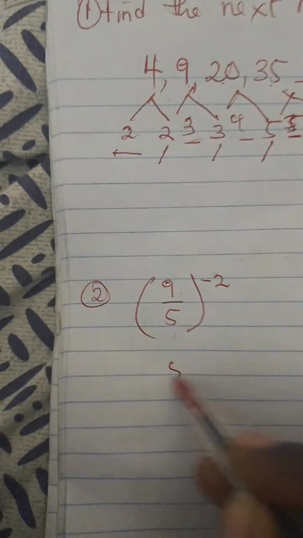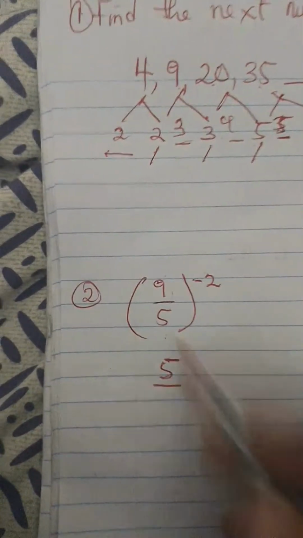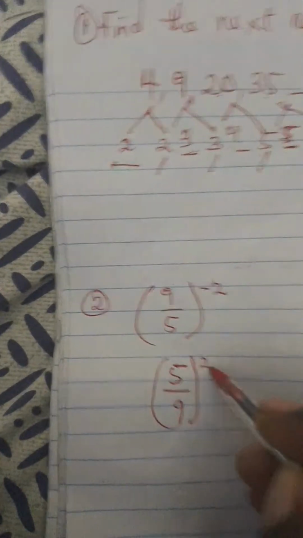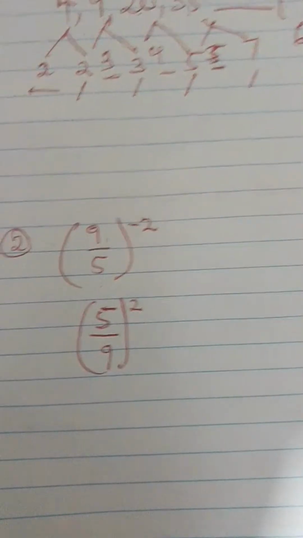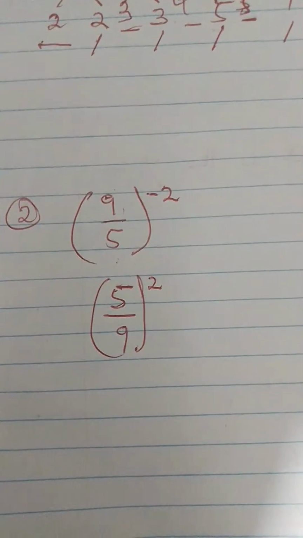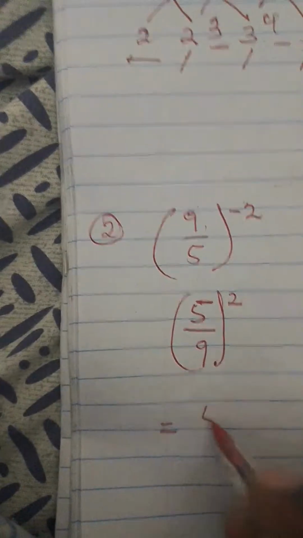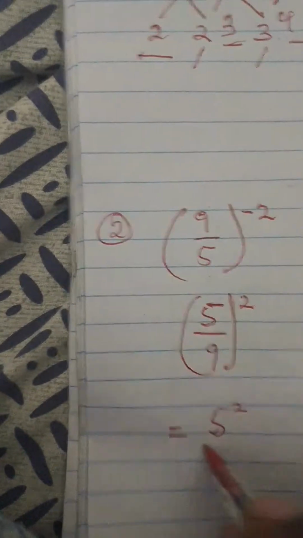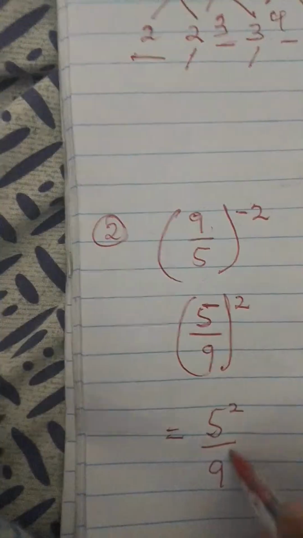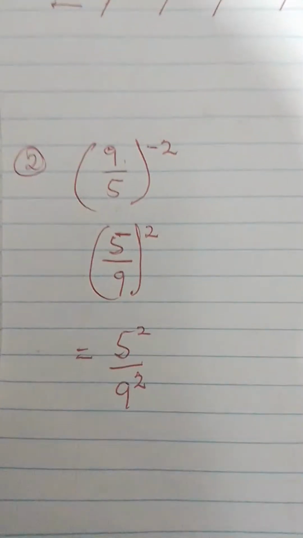So 5 comes up to become the numerator, then the 9 comes down. You have the exponent of 2. If you do that, the negative will be there no more. So after that, we have 5 squared on 9 squared.